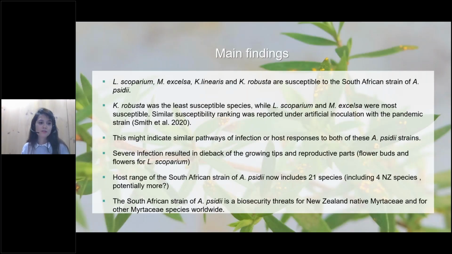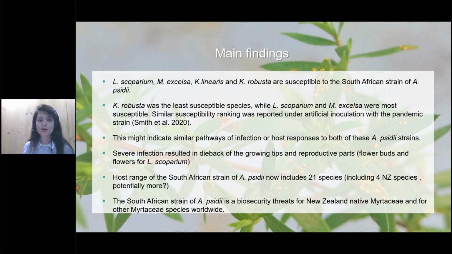So to summarize the findings, the 4 species from New Zealand that we have tested, Leptospermum scoparium, Metrosideros excelsa, Kunzea linearis, and Kunzea robusta, are all susceptible to the South African strain of Myrtle Rust.